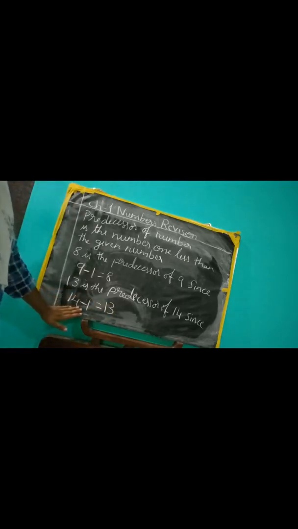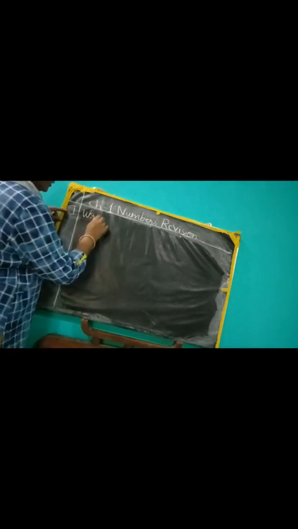We did minus 1. In the predecessor, we should do minus 1. In the successor, we should do plus 1. Understood? Children, this one you should write in the classwork.